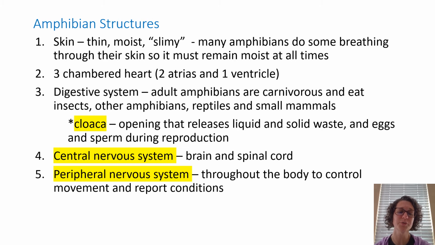And then they have a peripheral nervous system, and these are nerves that go throughout the body. They control the animal's movements, and they also report conditions. And so this is what tells a frog to stick its tongue out real fast to catch the fly, and that kind of stuff. And so just like yours, it is an almost instantaneous control.